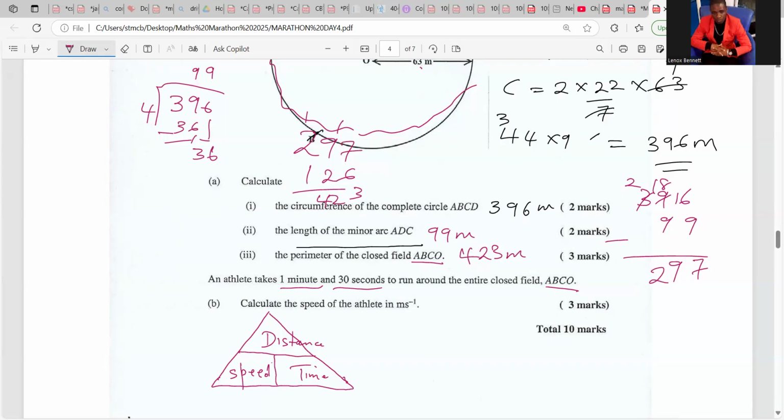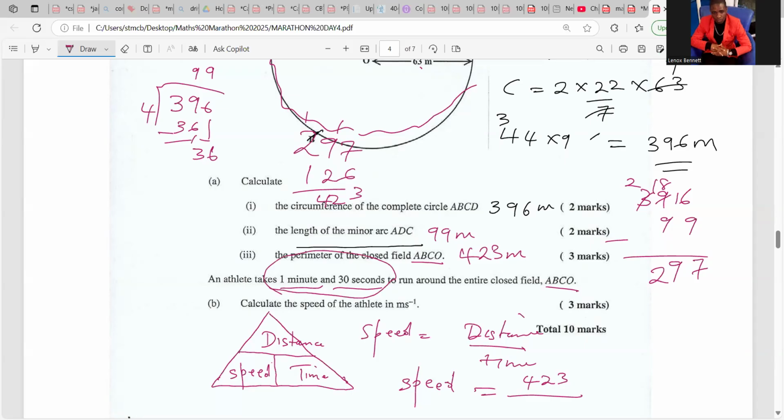You're looking for speed, so speed is equal to the distance over the time. The distance is 423 meters, and of course, they want the speed in meters per second.